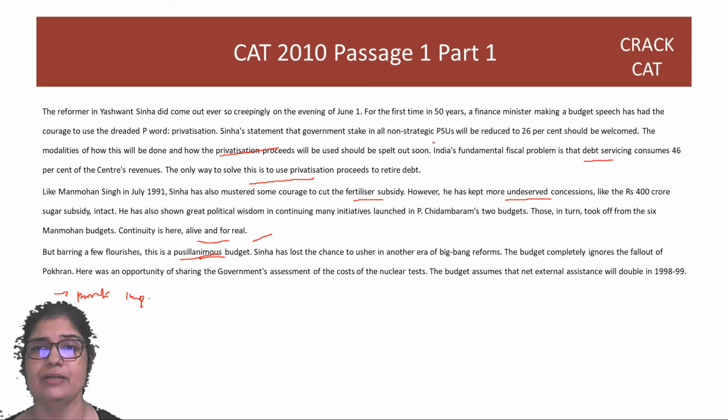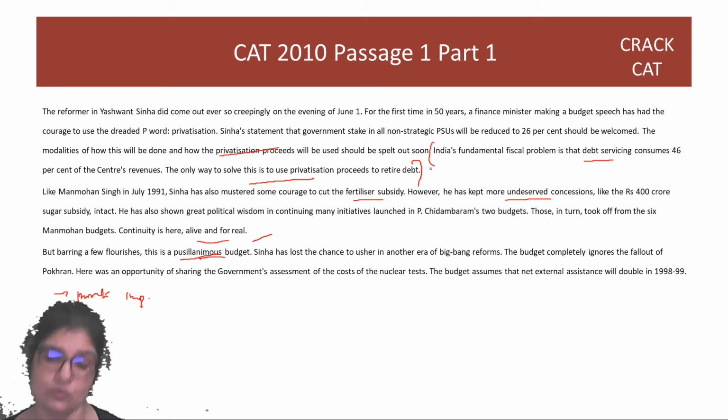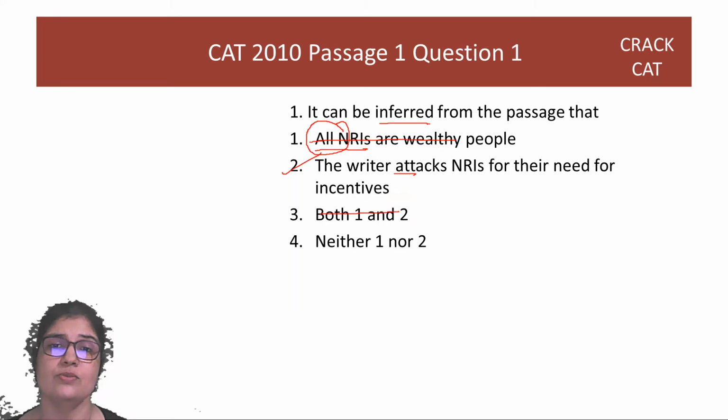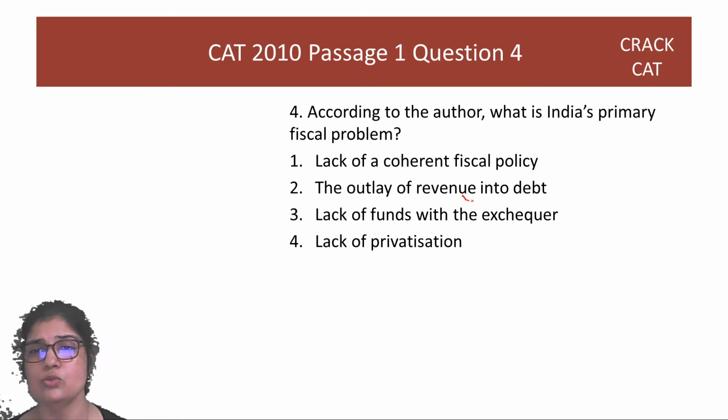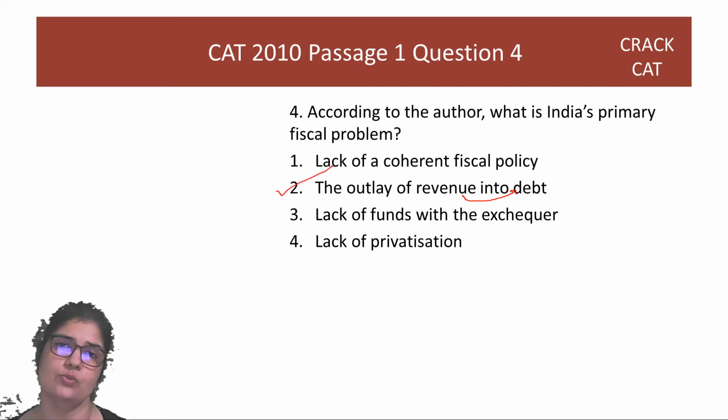India's fundamental fiscal problem is that debt servicing consumes 46%. So that is the problem. And can we see that somewhere? The lack of coherent fiscal policy? No. Lack of funds? No. Lack of privatization? No. It is the outlay of revenue into debt. How revenue is used to service debt, right? So yeah, answer is option 2.